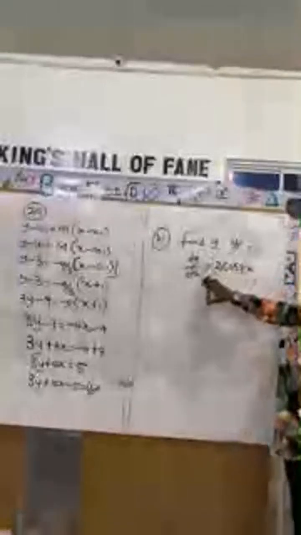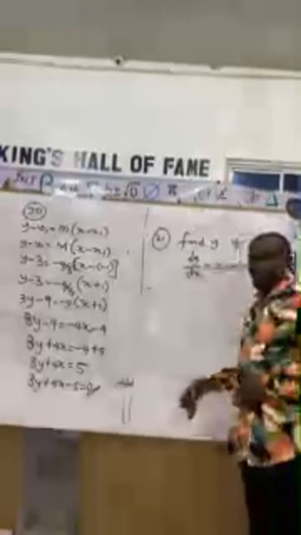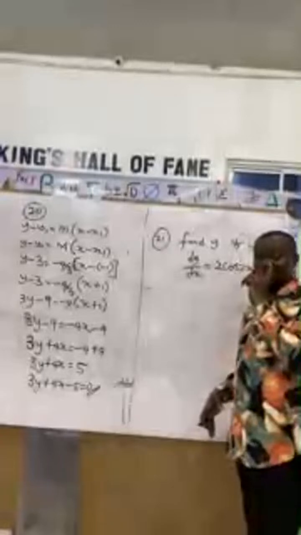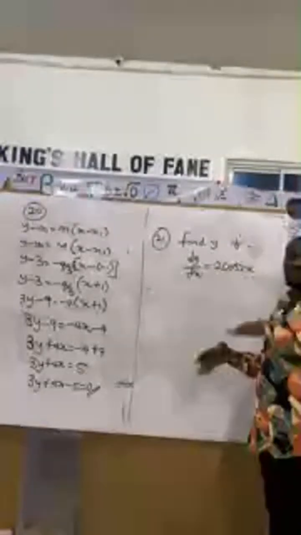Now remember the laws of differentiation. This is integration, because they say find y. The derivative of this answer is this. So if you want to get y, we integrate. Are you getting me? If they give you a value of dy by dx and say find y, you integrate.